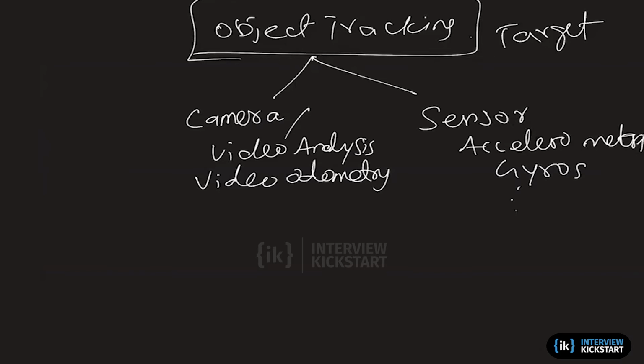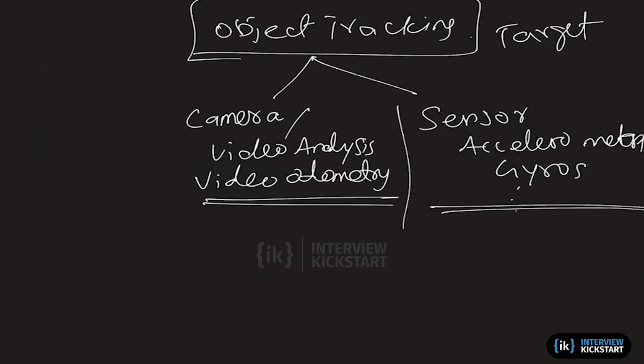So basically, tracking of objects can be one or a combination of these two. For example, this is where your design budgeting comes in. If there is dedicated hardware for this, then ideally this can be done.